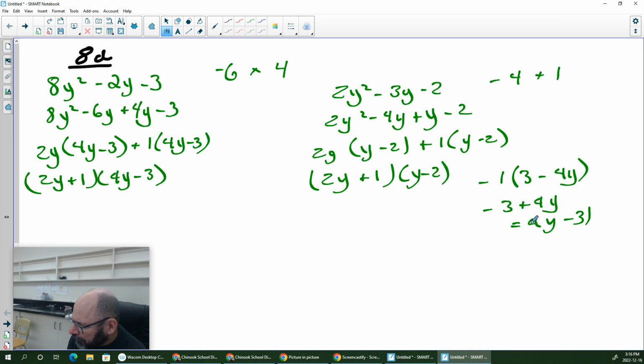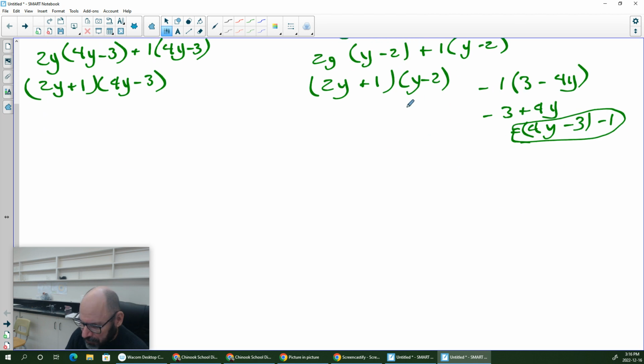So 4y minus 3 times negative 1 is that thing there that we had. So this also factors. We're going to write that instead of that 3 minus 4y. It's that times a negative 1. Okay, so now we're going to write out all of our question, and then we're going to do some factoring with these two things that we've already factored.